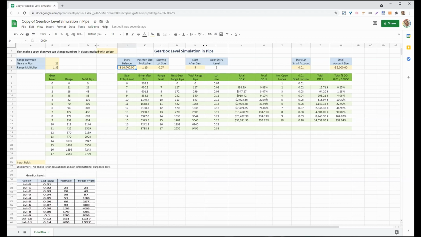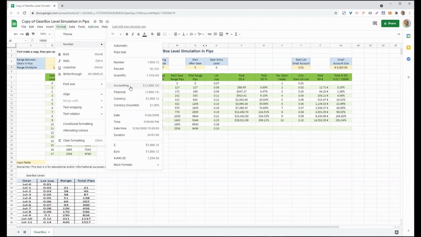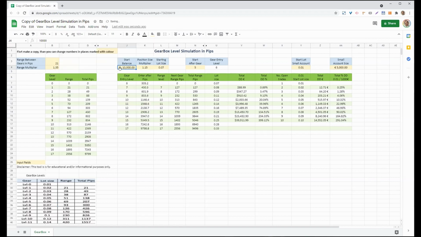It's the same to calculate the drawdown. You just say, okay, format, number, and go to this one. So this is just showing different, but not converting from euro to dollar.